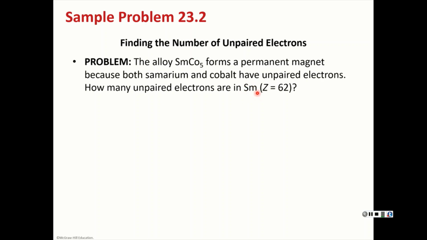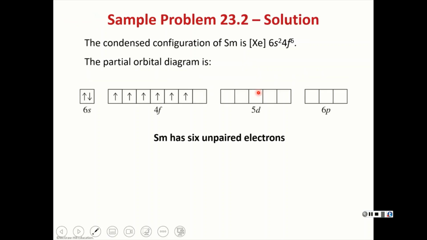To solve this, you need to find the ground state electron configuration and then do a partial orbital diagram. The ground state would be xenon 6s2 4f6, so hopefully you can make it to that point. For a partial electron configuration, we only care about the valence electrons, and we fill the orbitals in the order 6s, 4f, 5d, 6p.